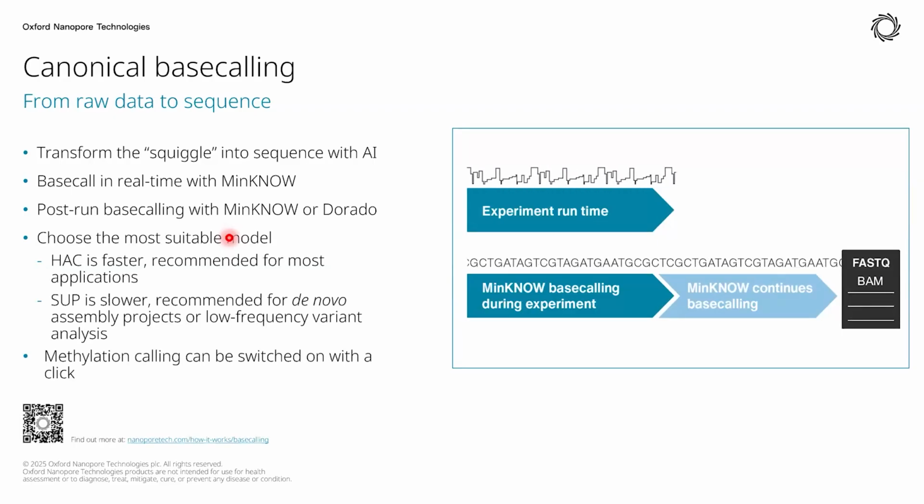So let's talk a little bit about the canonical base calling, which we already reviewed a few times in the past. What's happening in any nanopore system is that the raw signal, or the squiggle, produced by DNA or RNA when it is passing through the pore, is processed by artificial intelligence algorithms to decode the sequence of bases into FASTQ files.